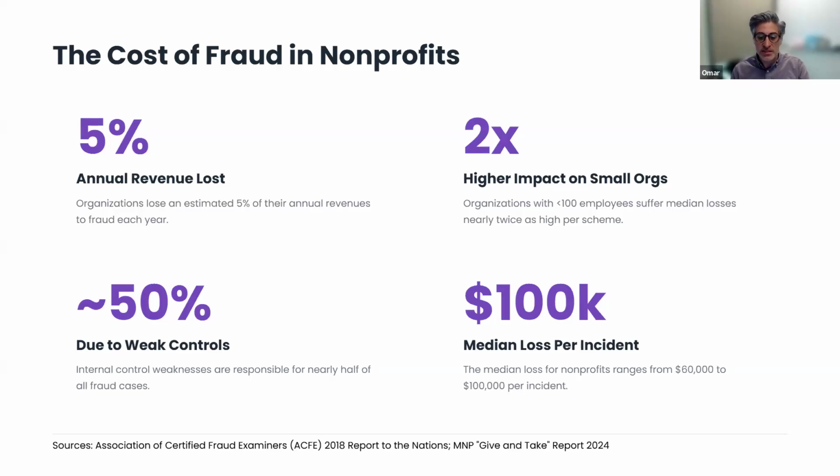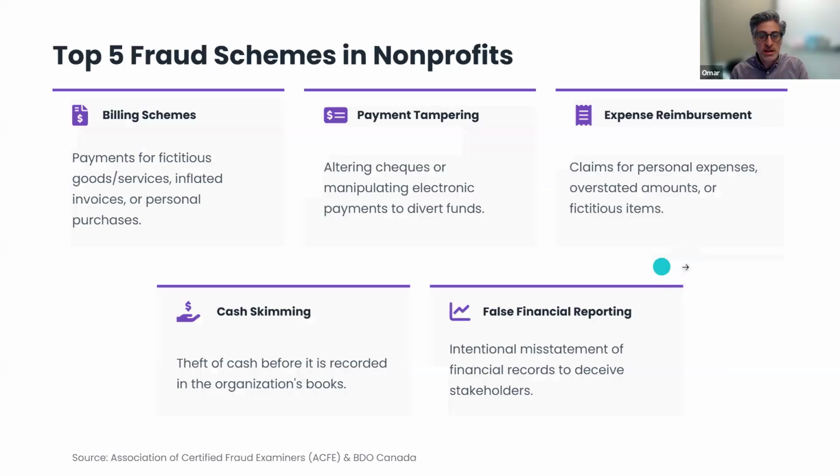These numbers are definitely staggering, and we're going to take you through some of the common pitfalls, challenges, and also opportunities to protect your organization against these types of numbers. So the top five fraud schemes in nonprofits are here. Billing schemes, whereby payments for fictitious goods and services are inflated, invoices or personal purchases are expensed.